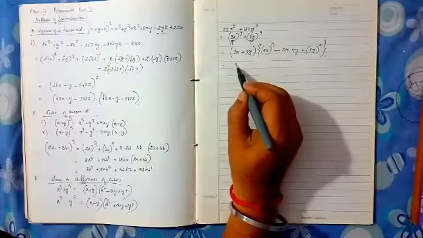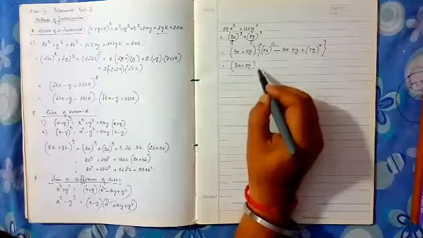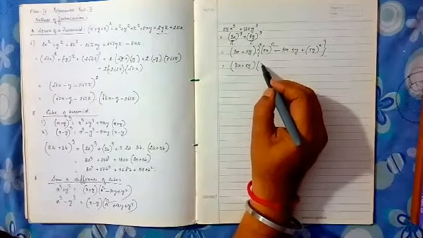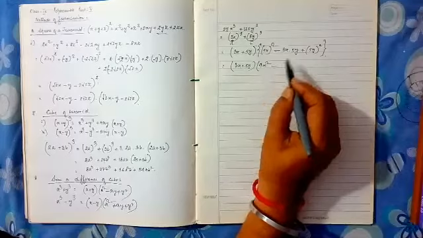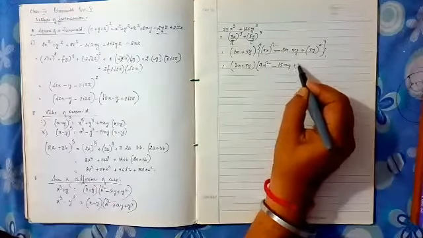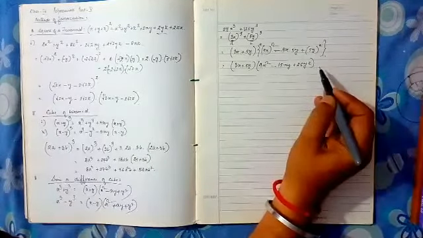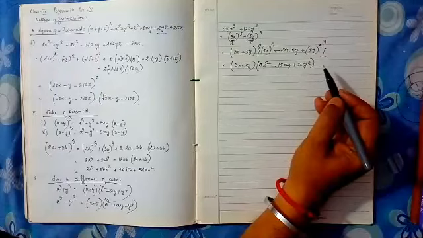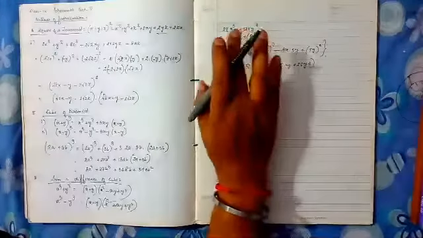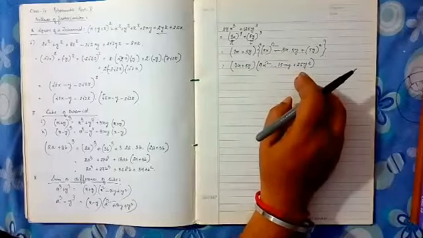Putting the values a as 3x and b as 5y, this is equal to 3x plus 5y, then 9x square minus 15xy plus 25y square. So we have written this polynomial as the product of two polynomials. This is called factorization.